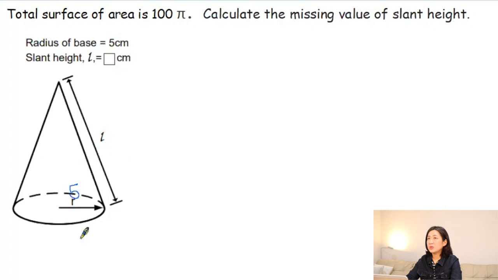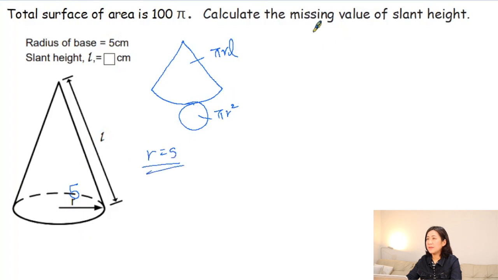Now the total surface area is pi r l, add pi r squared. We can see that r is 5, so let's put the 5 inside the r. The first part is 5 pi l, and then 5 squared pi. That gives you 100 pi, right?